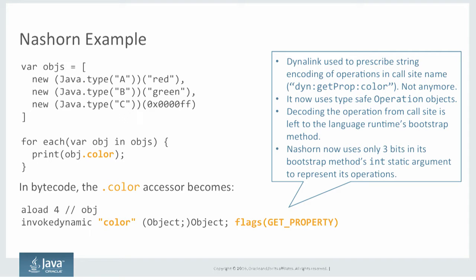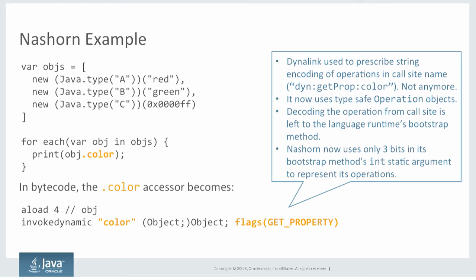Dynalink used to use strings to encode these operations. So here are some changes. It now uses type-safe operation objects instead of strings, and that has several benefits. For one, both the call-side encoder, that is the compiler that generates the invoke dynamic instruction, and also the decoder, the bit in the language implementation runtime that guides what the invoke dynamic should link to, are the responsibility of this same language runtime environment.